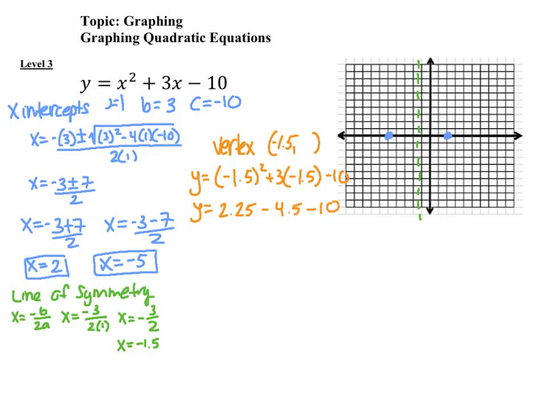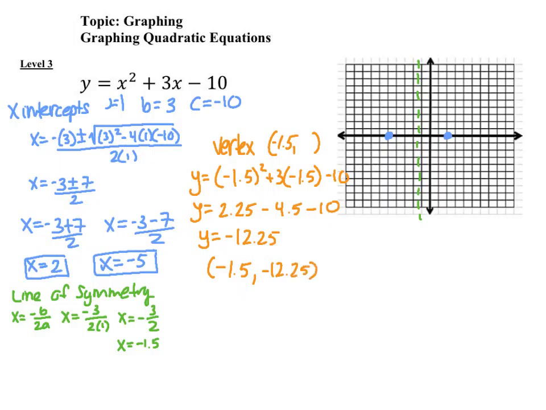And then I bring down the negative 10. Now, I'm going to add everything together. And I get that y equals negative 12.25. So my ordered pair is negative 1.5, comma, negative 12.25.